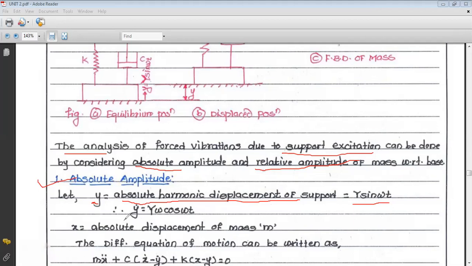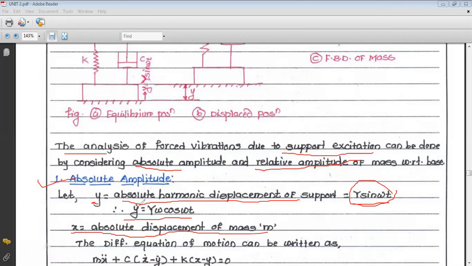So after differentiating, y dot equals capital Y omega cos of omega t. Here x is the absolute amplitude of mass, and y is the absolute harmonic displacement of the support.